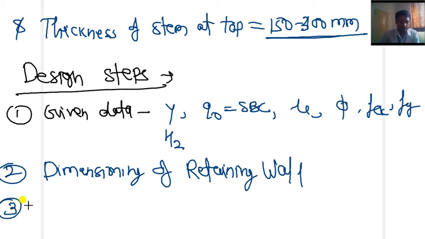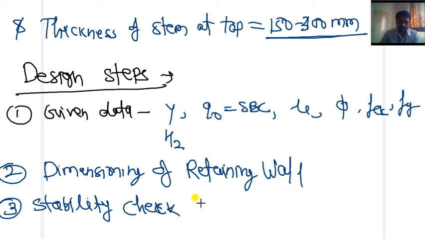Then in the third step, we will check the stability criteria. Stability check. Basically two types of stability we ensure here. First one is overturning about toe.